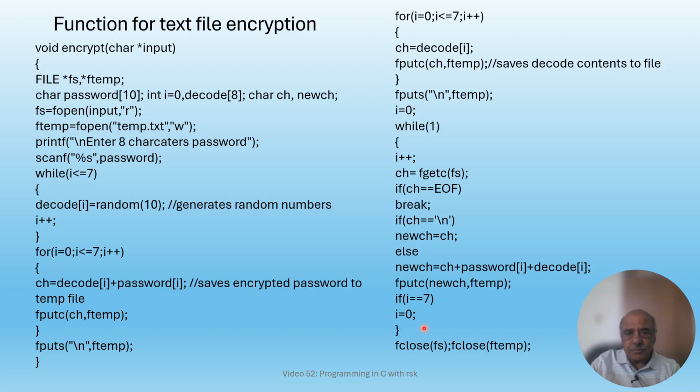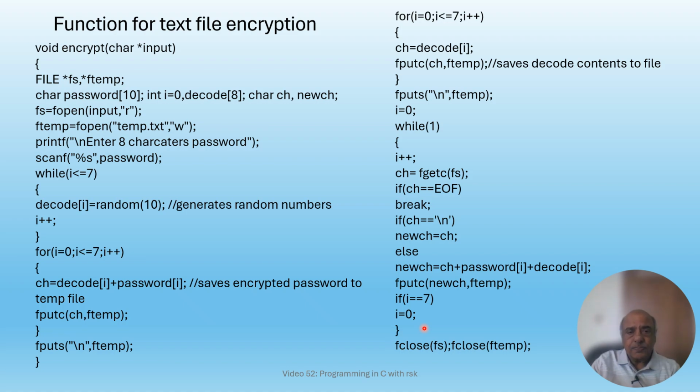When the loop terminates, it tells us that it has already completed encrypting all the characters from the source file, and all those encrypted characters have been written to the temp file temp.txt.